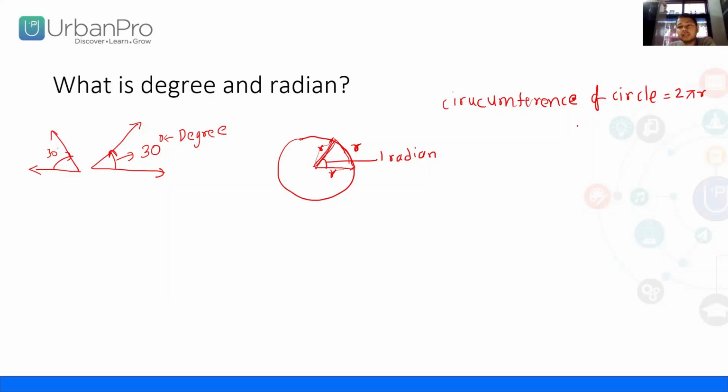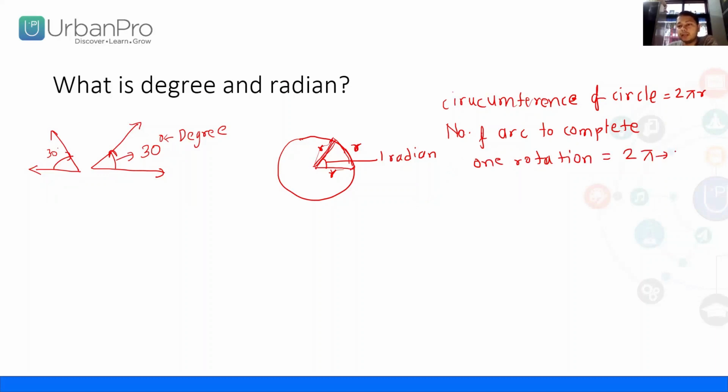So how many such r we will need? The number of arcs to complete one rotation will be 2 pi, right? Because it's 2 pi into r.